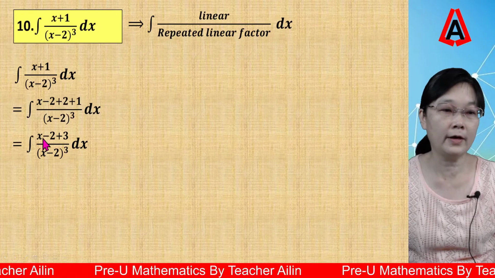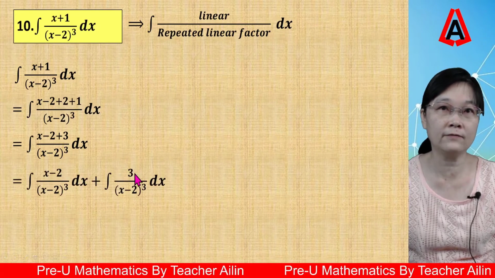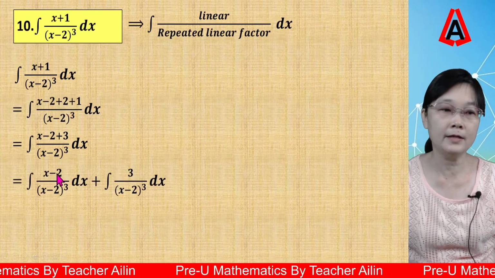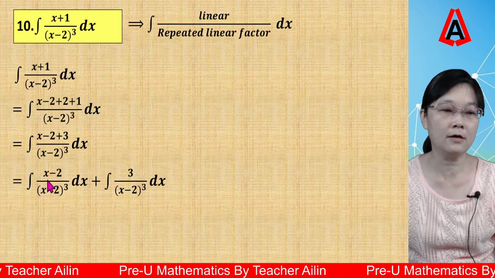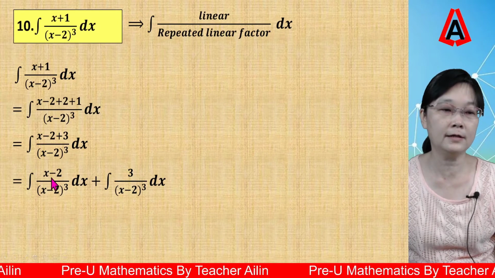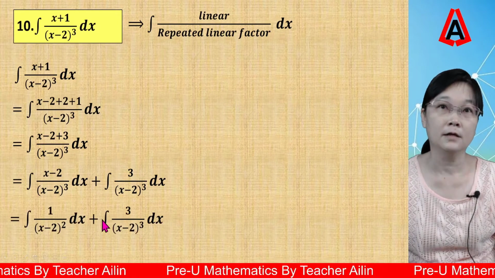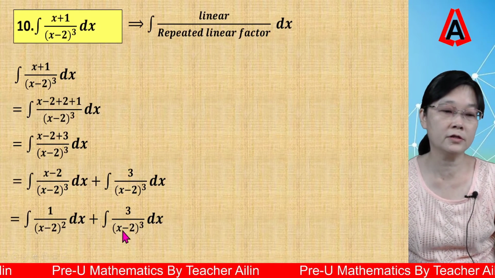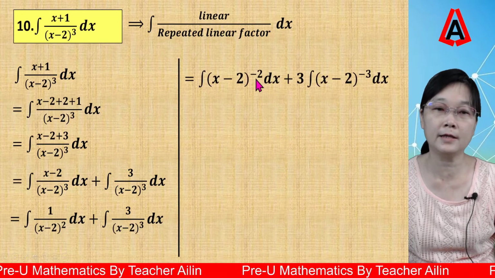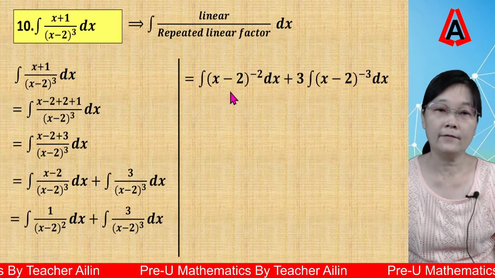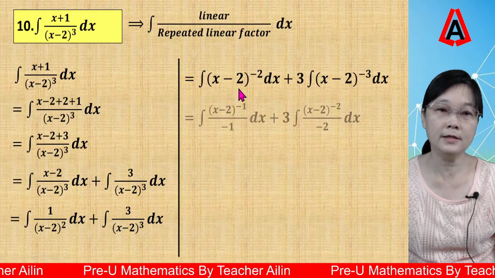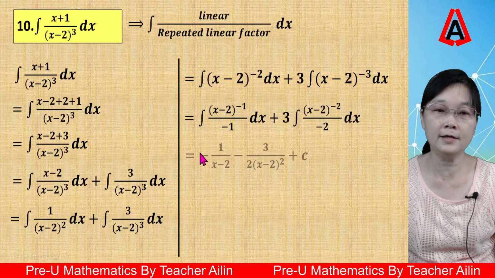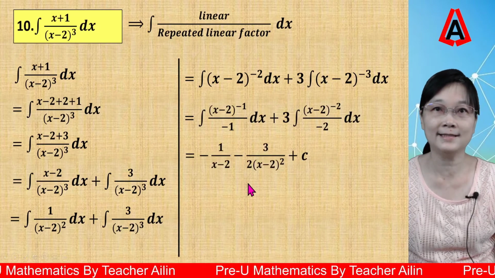One is for x minus 2, one is for 3. After separating, I notice that I can cancel off one of the linear factors, that is x minus 2. Now to continue the integration, I'm going to change the power to negative. After that, I find that I can easily do the integration and finally I'll get the answer.